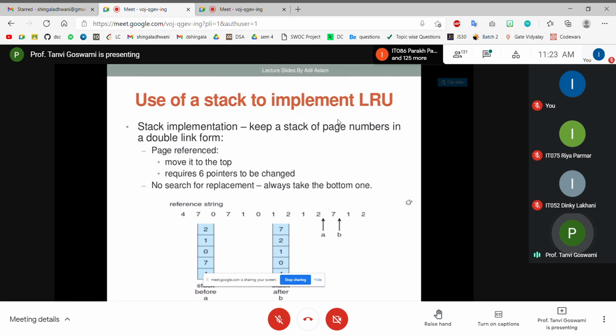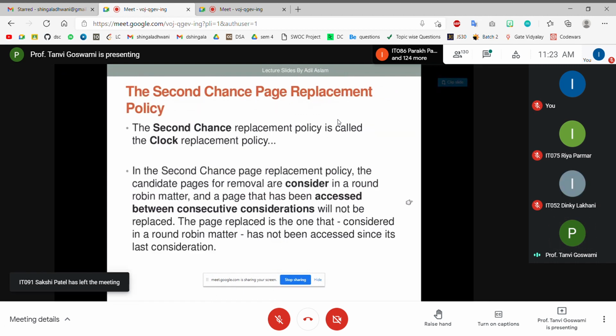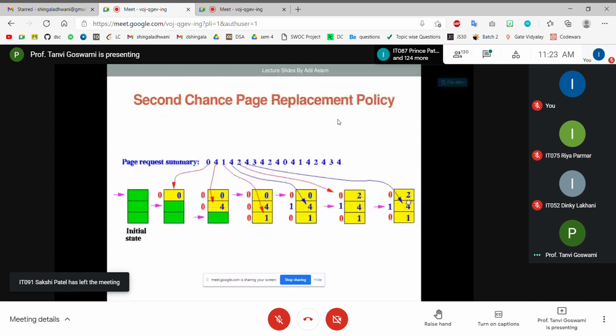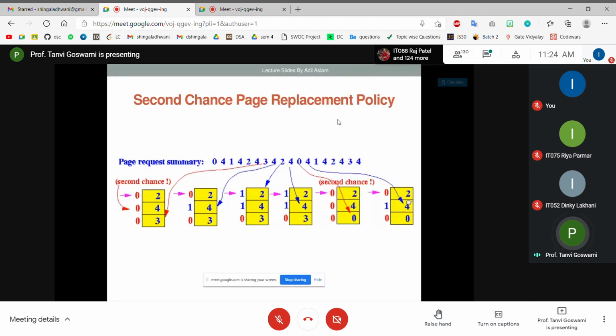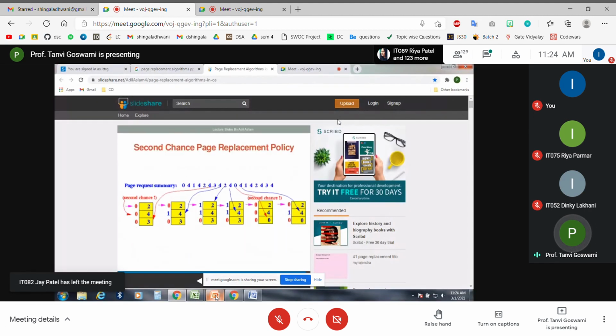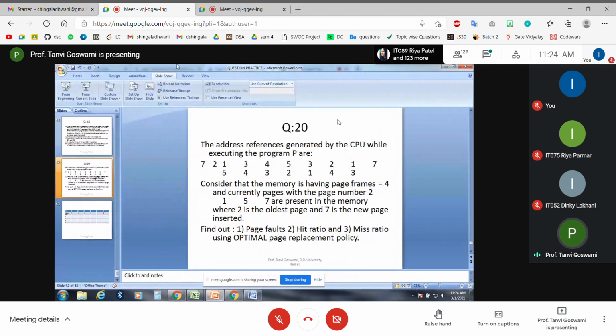So I want you to check the chances for a particular page reference string using both FIFO and LRU.